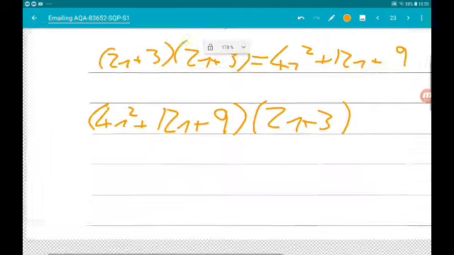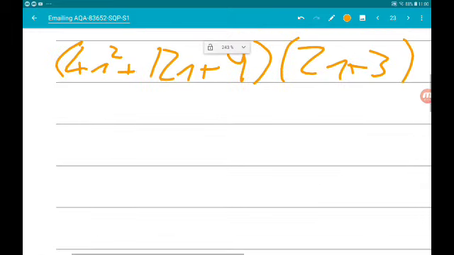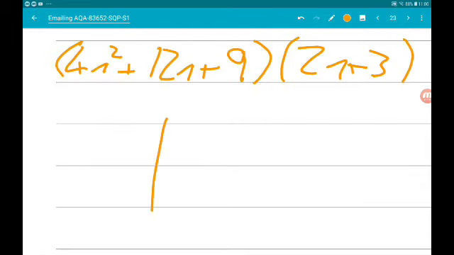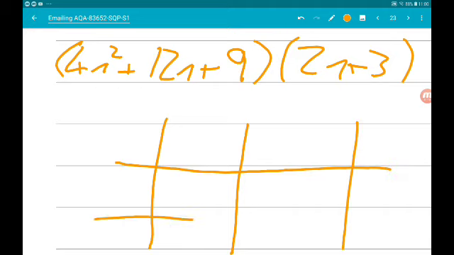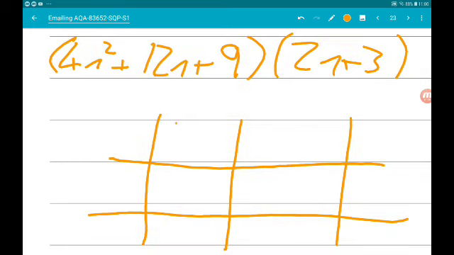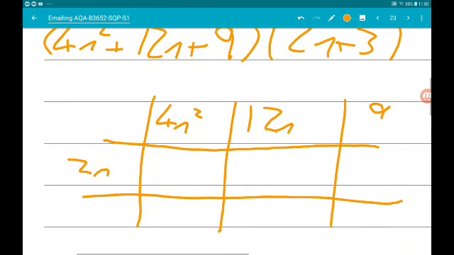Now a nice way to do this is using a table. So, across the top, 4n squared, 12n, and the 9 down the side, 2n, and 3.